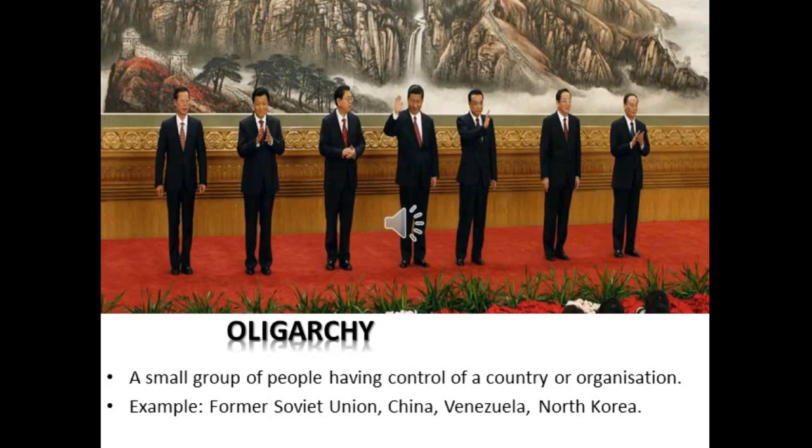Such a type of oligarchy government was found in former Soviet Union, that is former USSR, and in China, Venezuela and North Korea. In present day China, Venezuela and North Korea, you can find oligarchy type of government. So till now we saw aristocracy, monarchy, autocracy, then oligarchy.